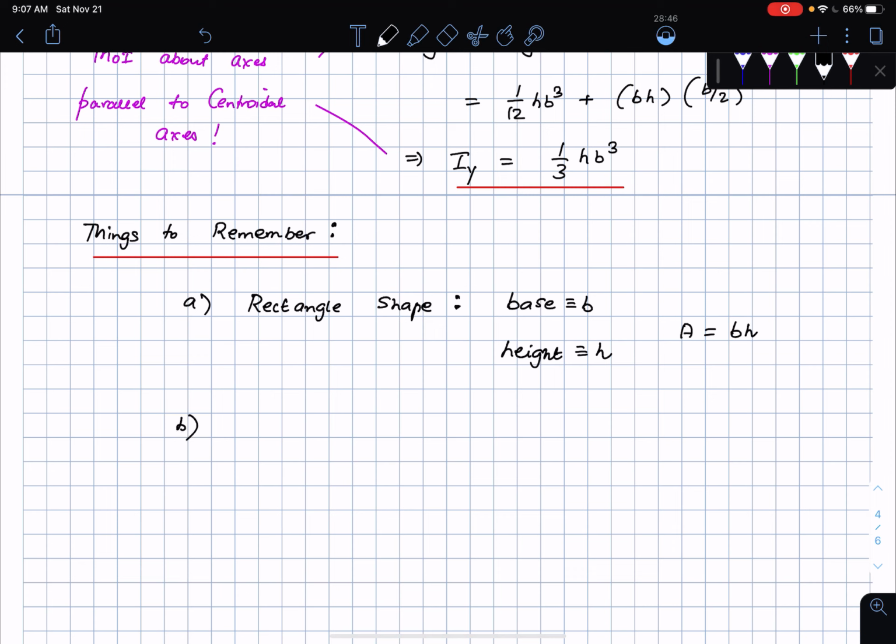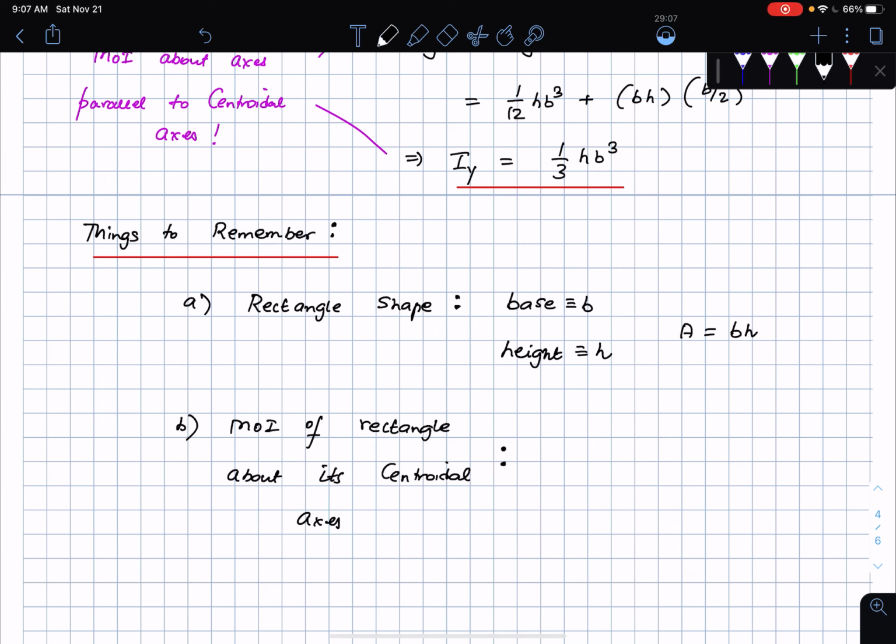The second thing you've got to remember is the moment of inertia of the rectangular shape about its centroidal axis.